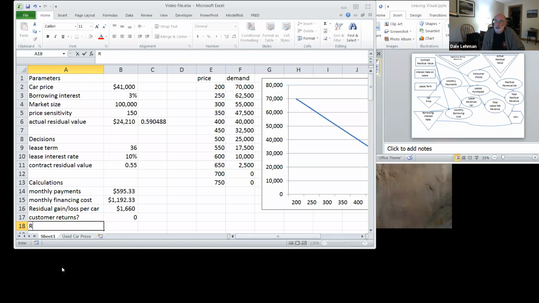Let's do it this way. Net present value of residual for car.